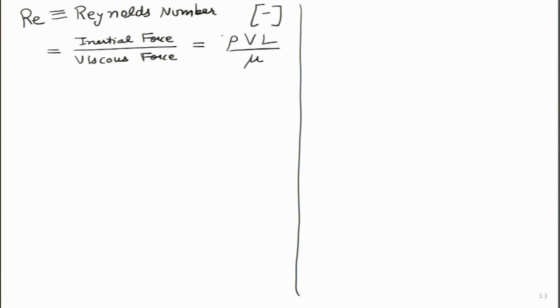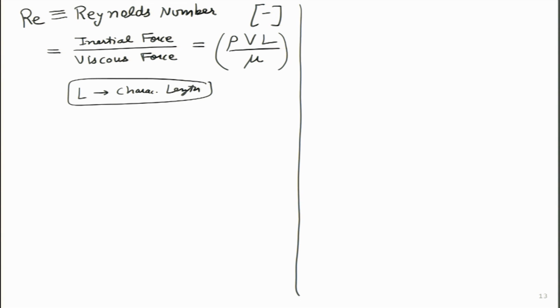And if you do the arithmetic, then the relationship turns out like this. Over here, everything is known to us. Rho is the density, V is the characteristic velocity of the fluid, mu is the dynamic viscosity of the fluid, and L over here is the characteristic length of the particular object on which our focus is.